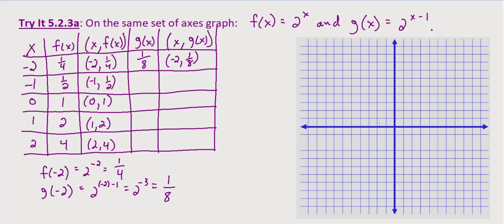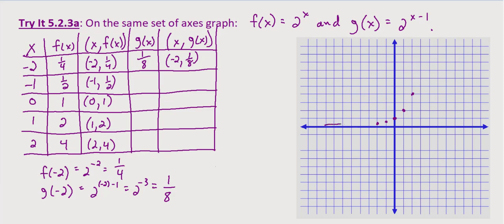So at negative 2, it's 1/4. At negative 1, it's 1/2. At 0, it's 1. At 1, we're at 2. And at 2, we're at 4.